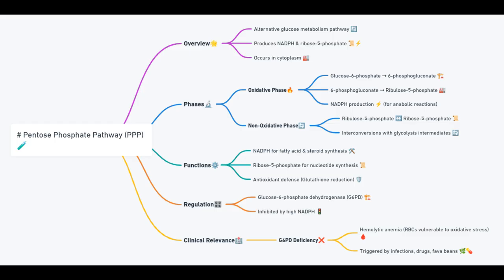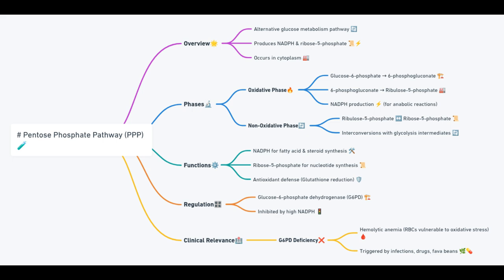Blood cells are most susceptible to G6PD deficiency because the pentose phosphate pathway provides the only means of generating NADPH in erythrocytes, and NADPH is required for detoxifying oxidizing agents.